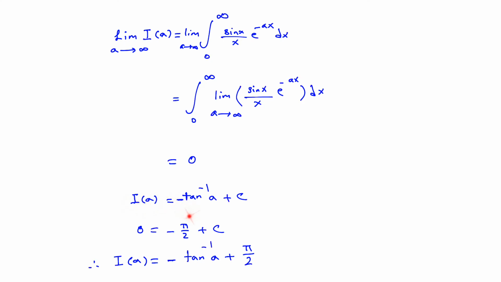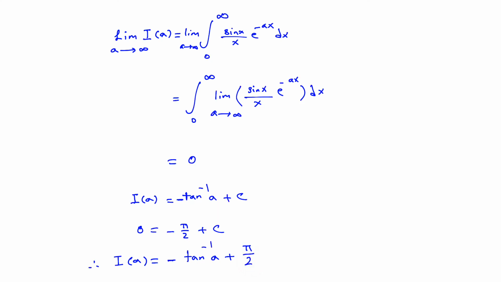I(a) is negative tan inverse of a plus c. As a approaches infinity, I(a) is 0, negative tan inverse of a is negative pi over 2, and c is c. Therefore, c is pi over 2, and I(a) can be written as negative tan inverse of a plus pi over 2.